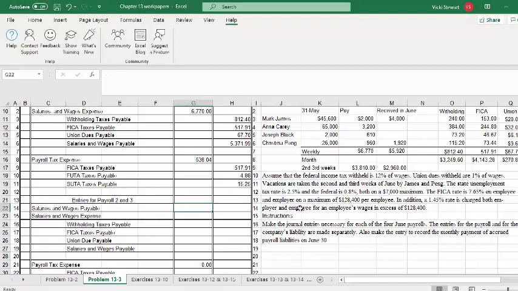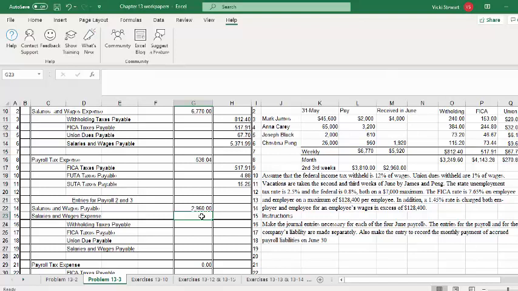It's pretty much the same entry, except instead of debiting salaries and wages expense for the whole $6,770, we debit the liability account that we would have set up for $2,960 for the 2 weeks for the employees that are on vacation.